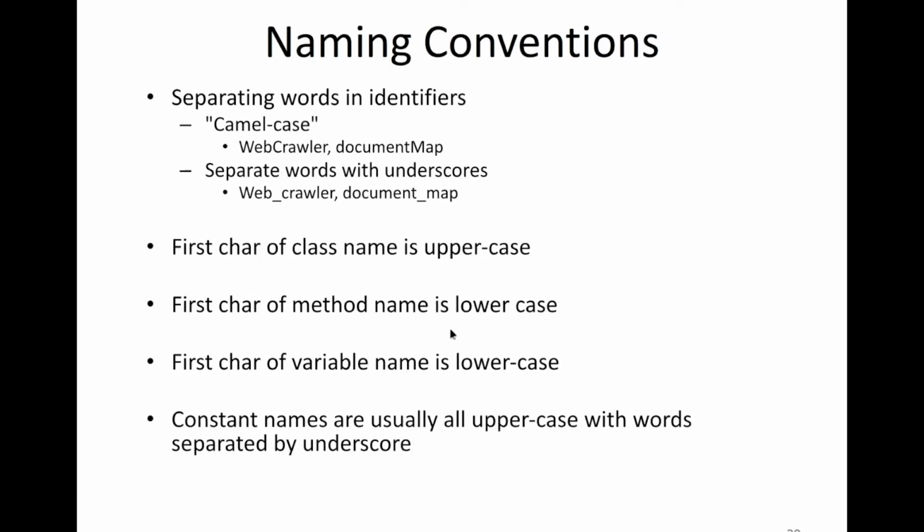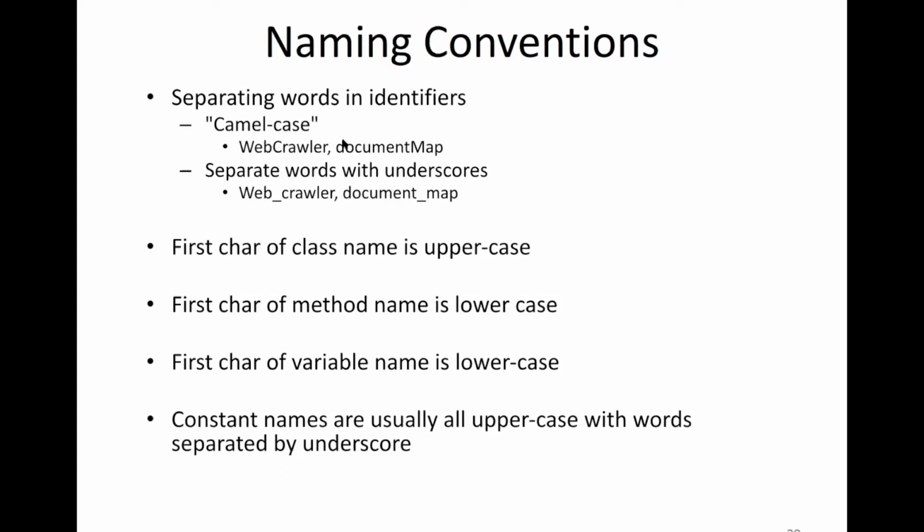We want to follow good naming conventions. And again, what I recommend is to follow the naming convention of the language that you're using. What's normally used for that language is the best convention to follow. We can have conventions about how we separate words. A really common one is what we call camel case, where it's all lowercase except the first letter of each word.